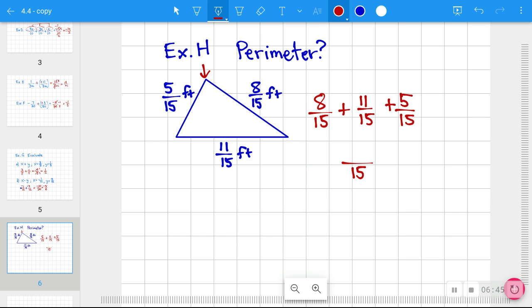Well, the numerator that keeps track of how many, there's 8 and 11 would be 19. 19 and 5 more is 24. And we'll divide these both by 3. So your answer is 8/5. Now, since it's top heavy, you could write 1 3/5, but that's not needed.